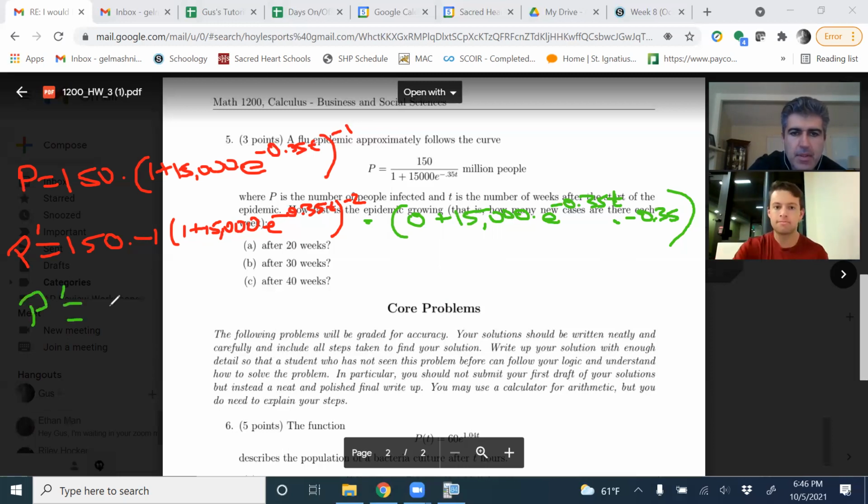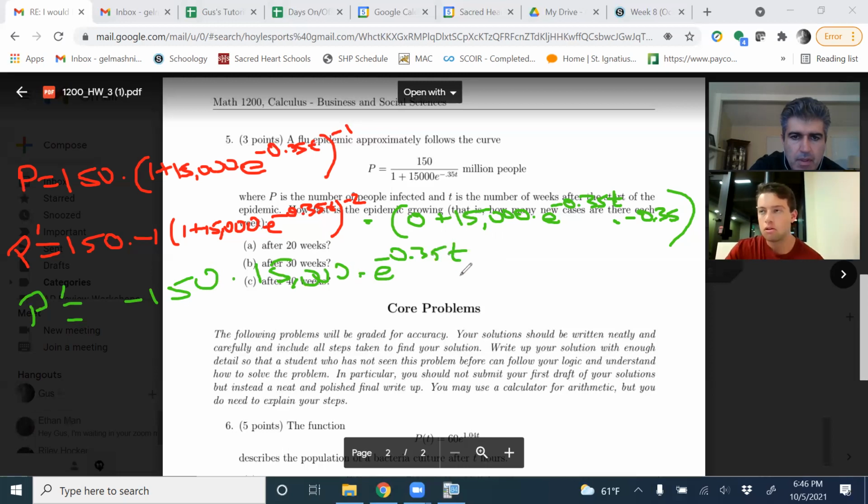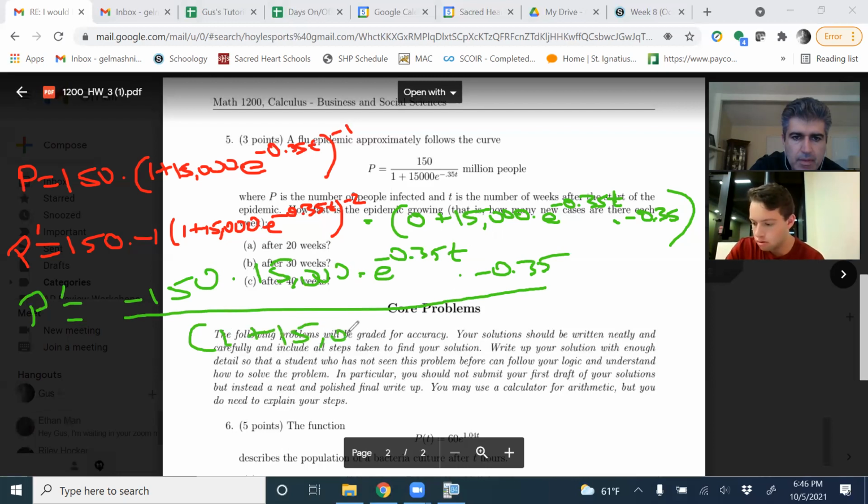If you clean it up, it'll be -150 times 15,000 times e times -0.35, all over... oh, so that should be raised to the second power.